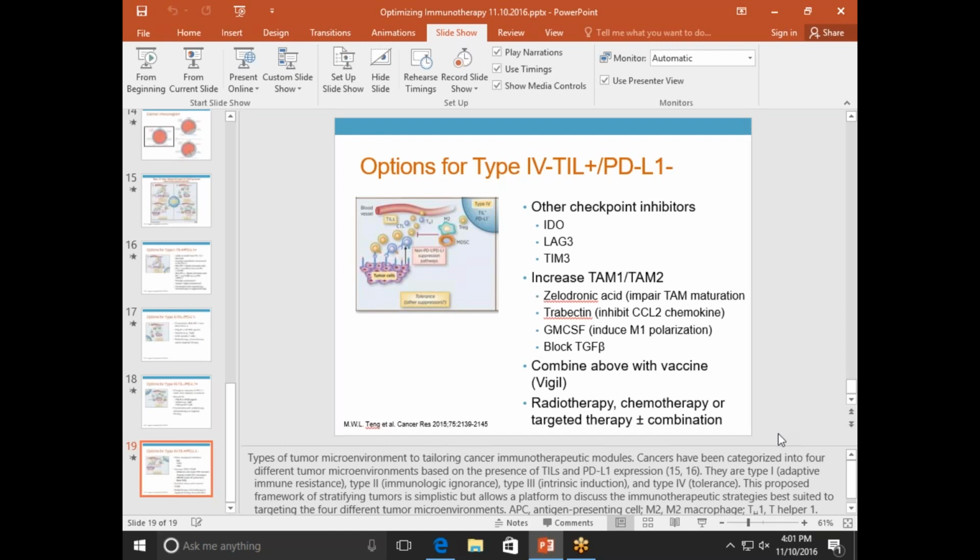Some patients are just totally lymphopenic because of prior therapy, and it doesn't much matter what we do in terms of some of the things we're talking about. Some patients have ineffective interferon gamma expression, and that can be a problem that may not be addressed by any of these.